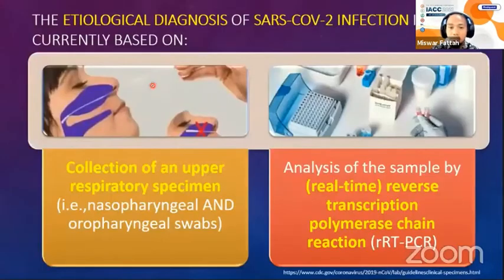We can continue with the etiological diagnosis of SARS-CoV-2 infection. Two points are very important. First, we need to collect an upper respiratory specimen, like a nasopharyngeal or oropharyngeal swab. And we need to run real-time reverse transcription polymerase chain reaction. With these two, we can make an etiological diagnosis of SARS-CoV-2 infection.